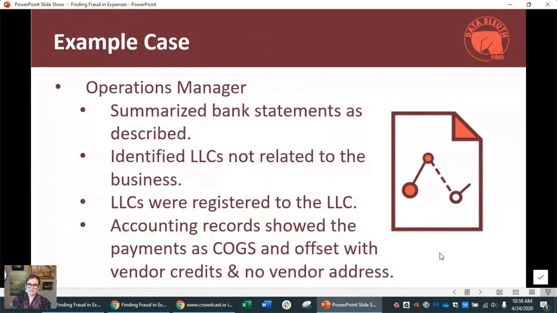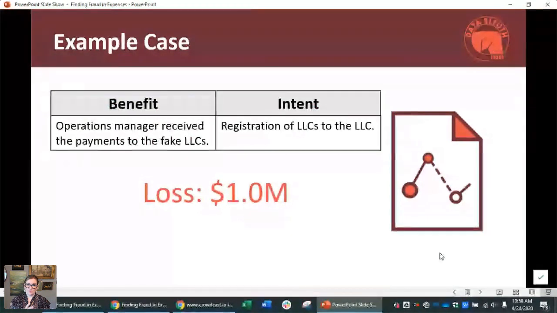I also had an operations manager, and once again, by using that bank statement process, we identified LLCs that were not related to the business. And whenever we looked on the Secretary of State, those LLCs were actually registered to the LLC itself. So, which helped give that intent piece some legs.